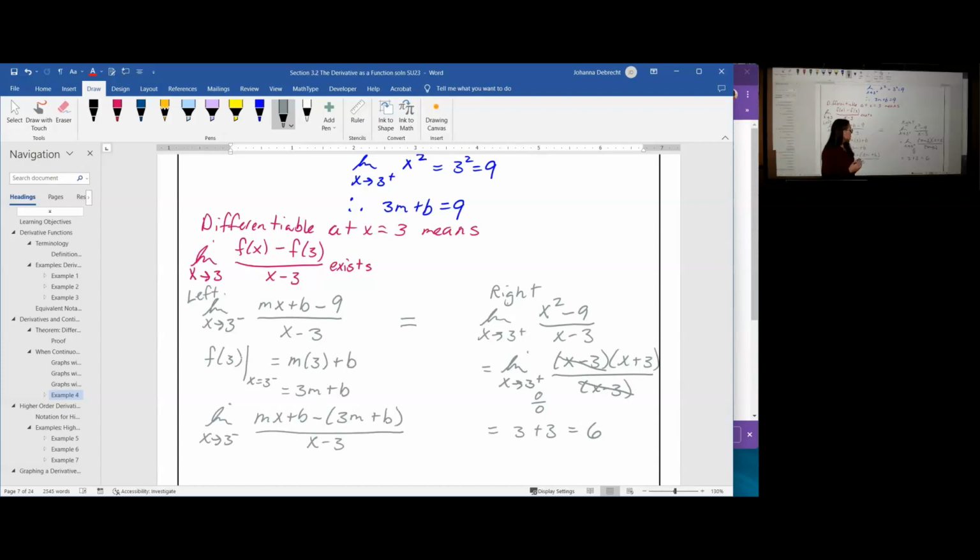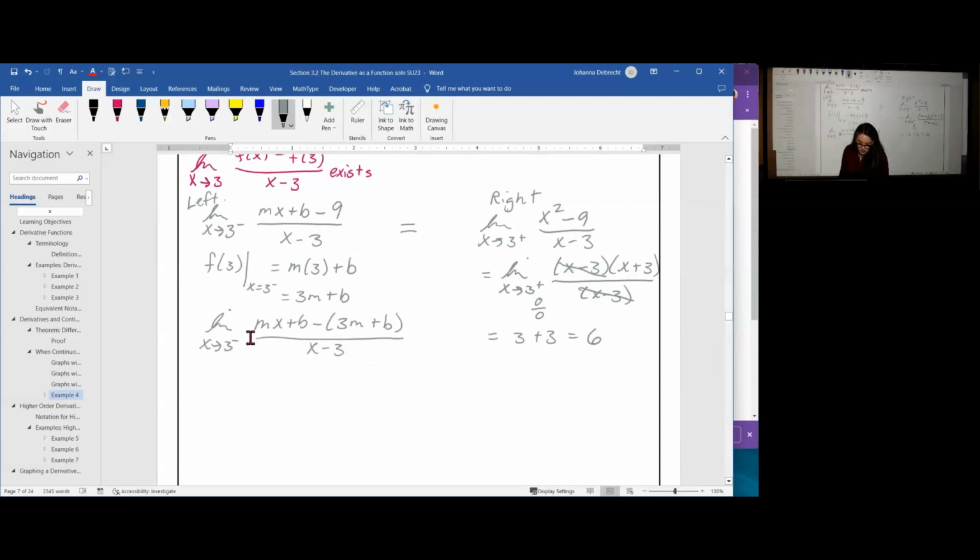Now, if I distribute the negative, I get minus 3m minus b. So the b's will cancel. And I end up with the following representation. The limit as x approaches 3 from the left of mx minus 3m divided by x minus 3.